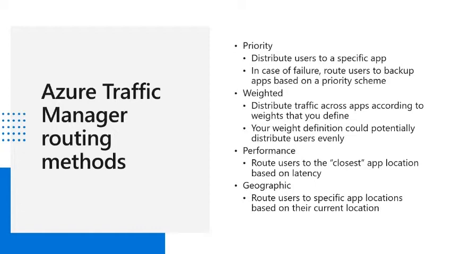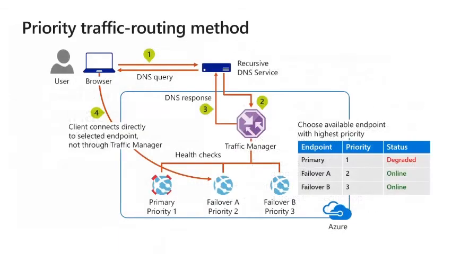Performance: when you have apps in different geographic locations, use the closest app in terms of lowest network latency. So for lowest network latency, you use performance. Geographic: direct users to specific apps based on which geographic location their DNS query originated from, which is also interesting.